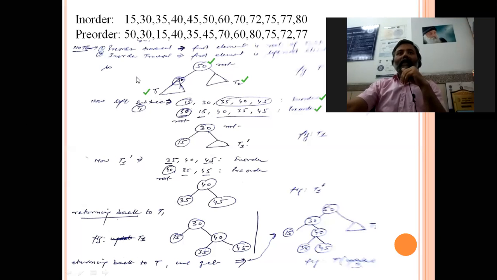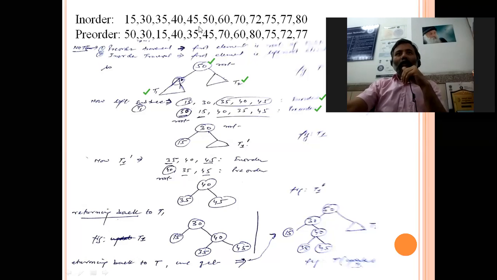In in-order traversal, we know that 50 is the root node. You can see in the in-order traversal, this is 50. You know that in in-order traversal, first the left subtree is traversed in order, then the root, and then the right subtree, because it is in-order traversing.